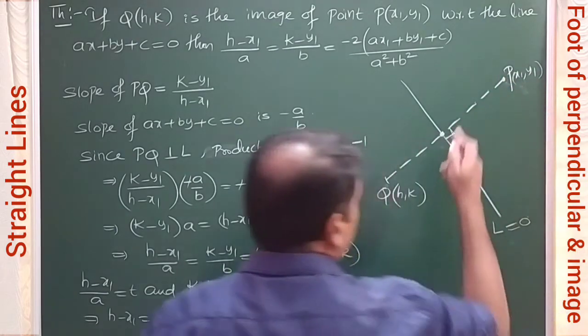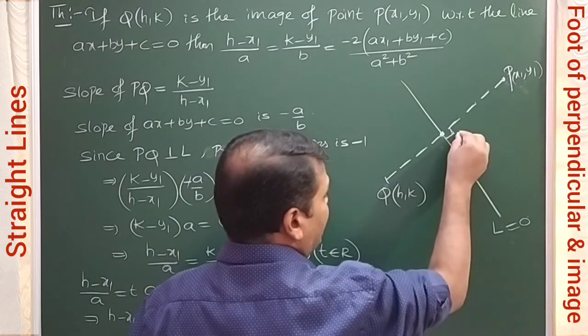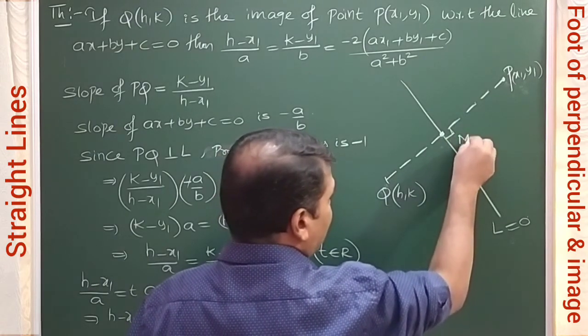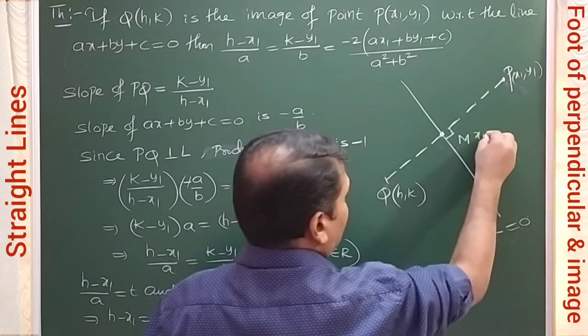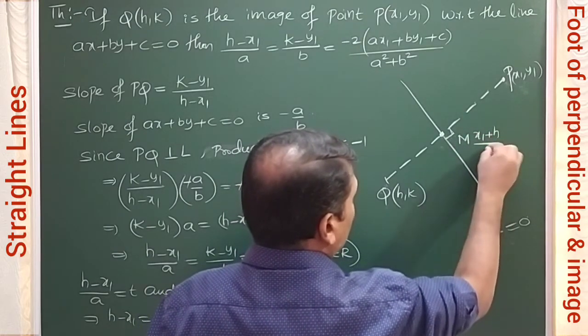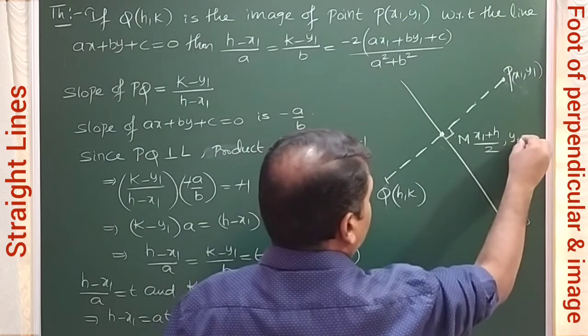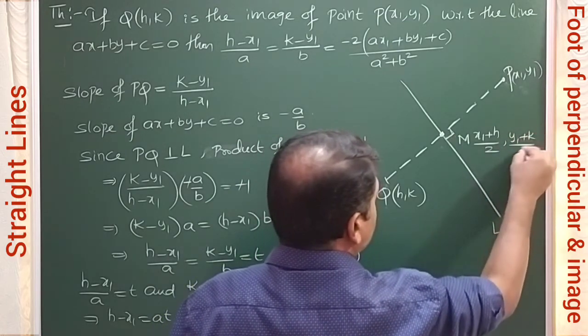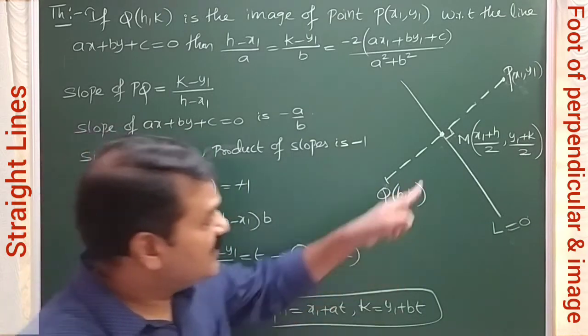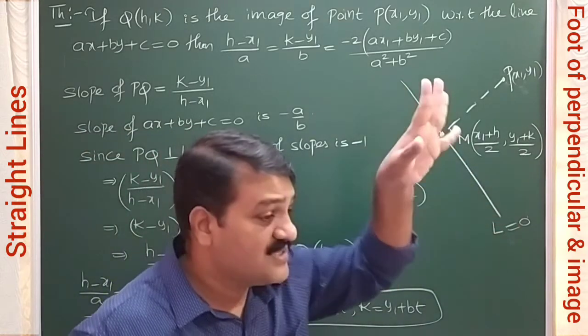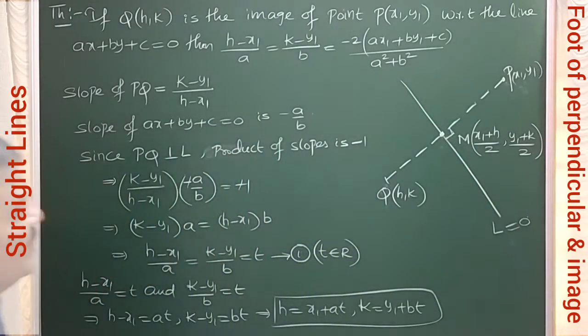So the midpoint of PQ, if I take as M for example, what is the midpoint of PQ now? (x1 + h)/2, (y1 + k)/2. This is the midpoint using the midpoint formula. This midpoint lies on the line is the thing we have to use.